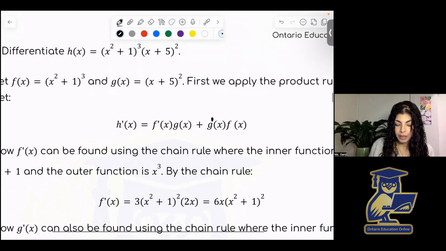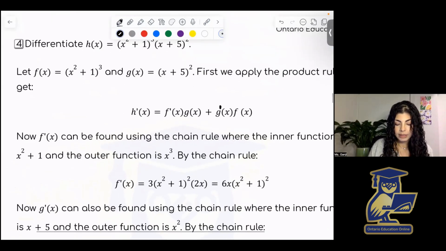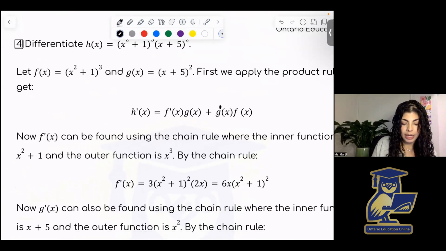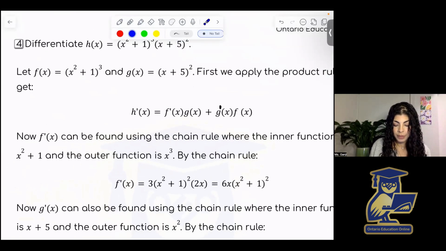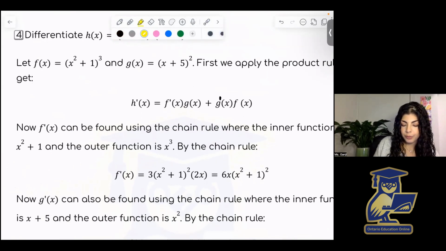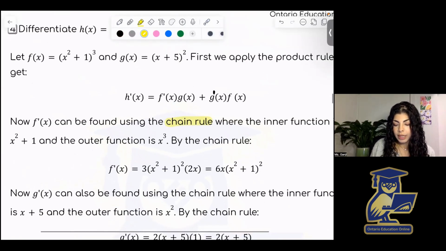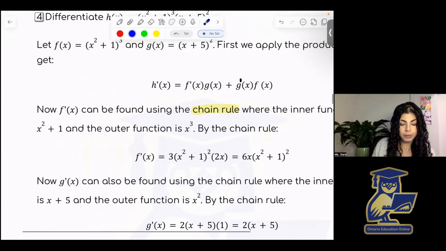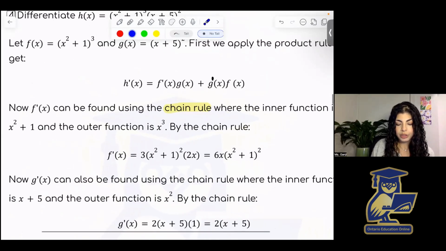But here, to find f prime of x, we have an inner function. And same with this one, we have an inner function. So here now we're going to apply the chain rule. So the inner function being x squared plus 1 and the outer function being x cubed, then by the chain rule, first I start with this part.